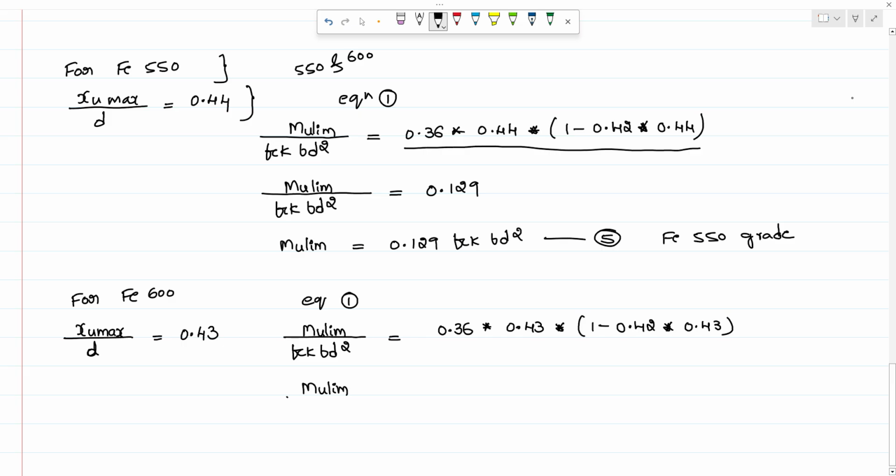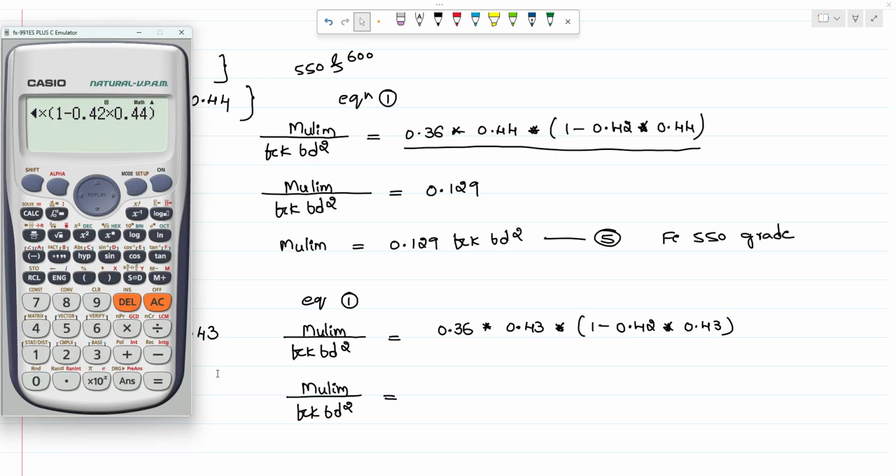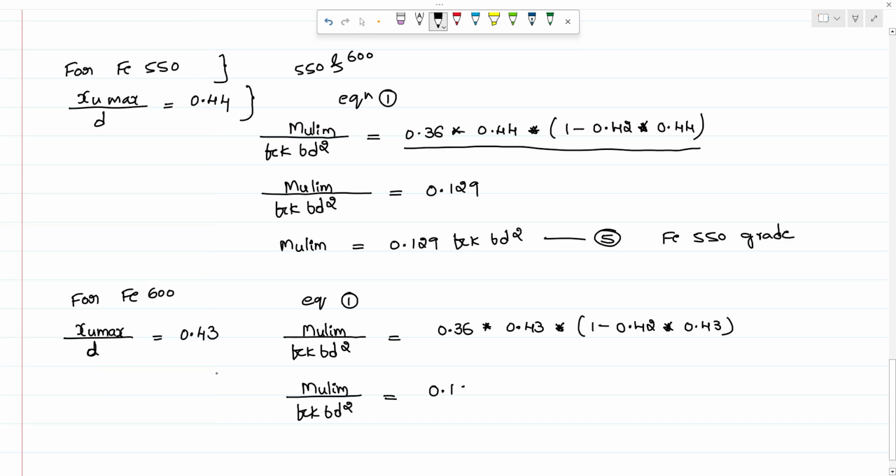So mu limit divided by FCK BD square equals, let me simplify this. So in the above expression 0.44 has to be replaced by 0.43. So it will be 0.126.